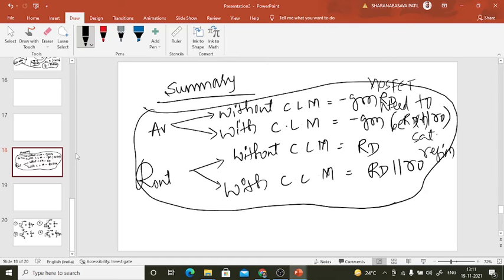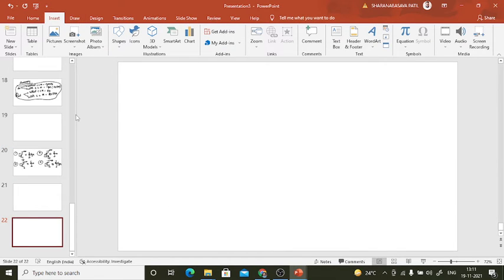Let's solve one problem. Find the voltage gain and output resistance R out. The circuit is like this.